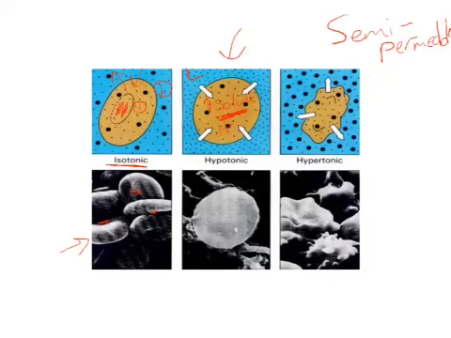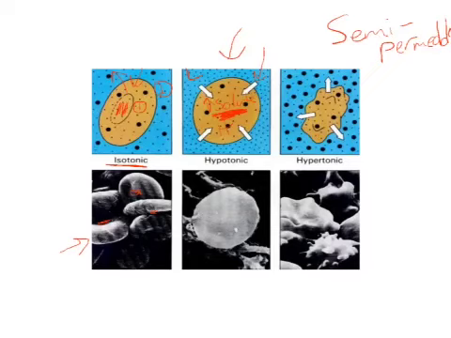How are you going to equilibrate it? The only way to get the concentration to be equal on both outside and inside is to have water come into the cell, diluting the inside of the cell, making it more like the outside of the cell. So water moves from the outside to the inside. Notice the direction of these arrows. And of course, what's that going to do to the cell? Well, that's going to swell it up.